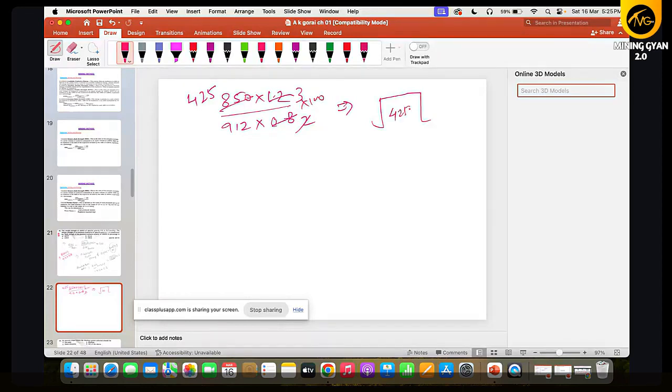So 42500 divide by 129, the value will come. नहीं 850/9.